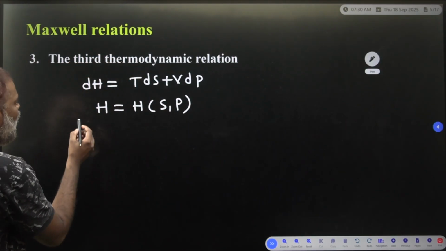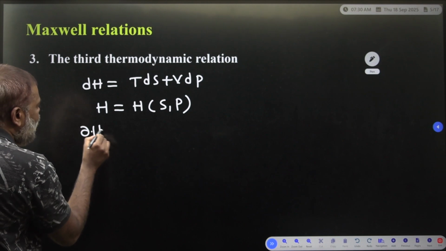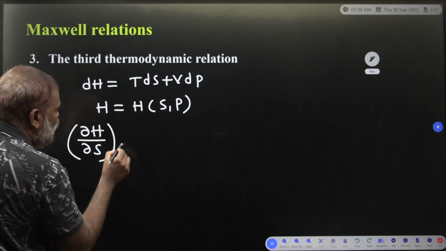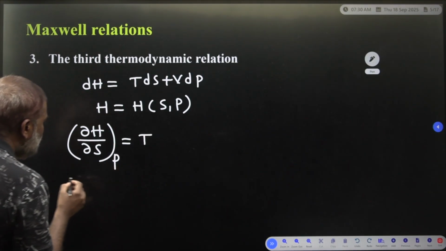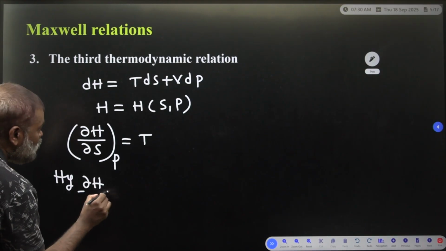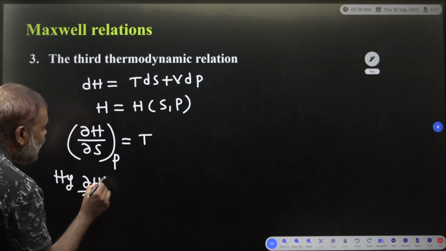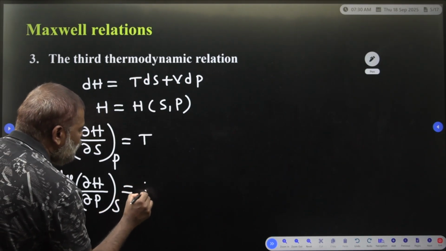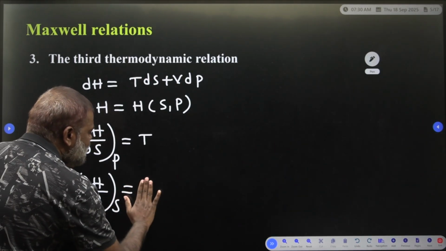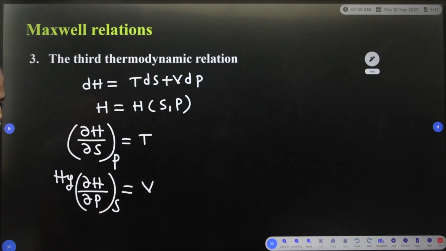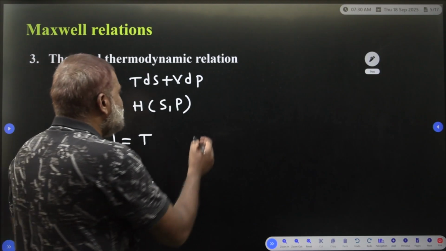Therefore ∂H/∂S at constant pressure is equal to temperature. Similarly ∂H/∂P at constant entropy is equal to volume.